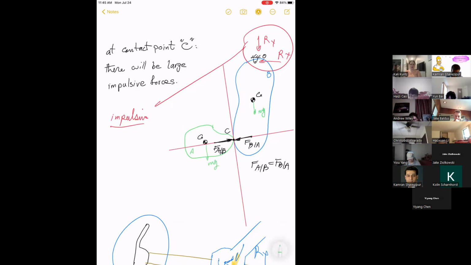You can ignore mg because it is much smaller than the impact force and reaction force.